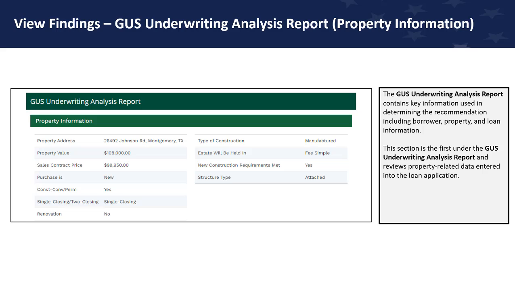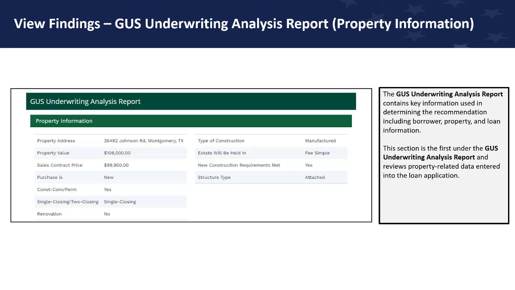Purchase is listed. Construction convertible perm is listed if the loan purpose is purchase. Single closing is listed if the loan purpose is purchase and construction convertible perm is yes. Renovation is listed if the loan purpose is purchase.